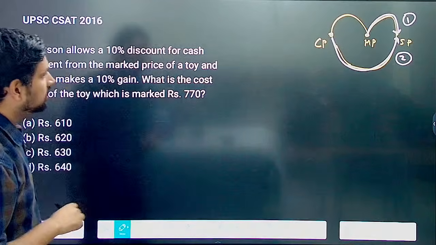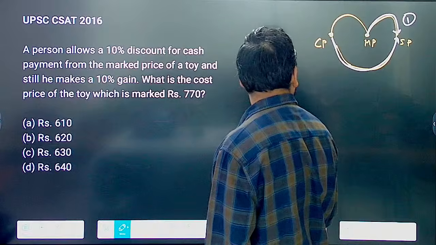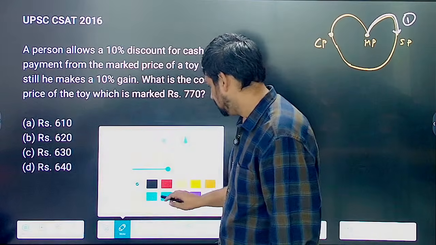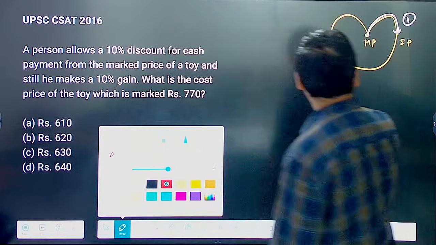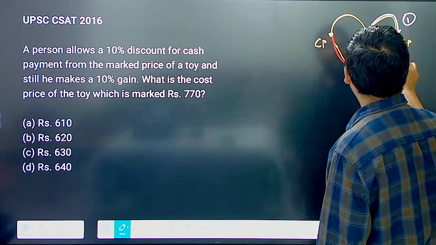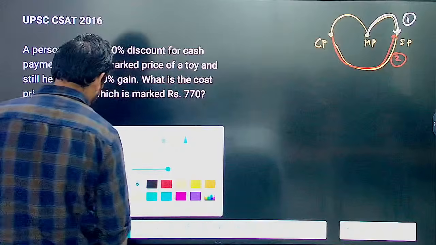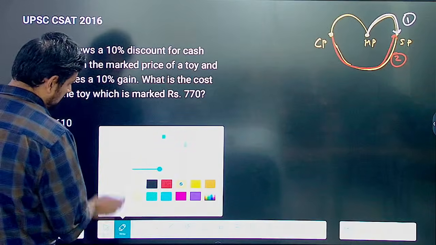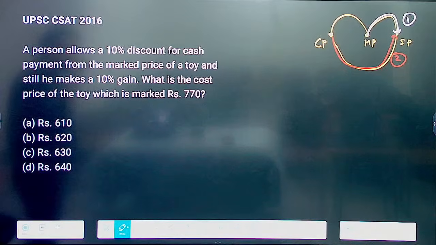Yes, Satish. Okay, so in this what you can do is you can take two parts like this.